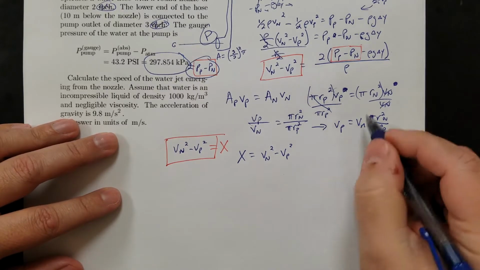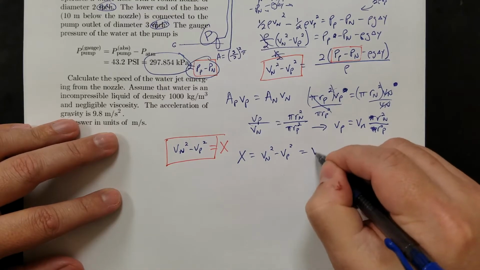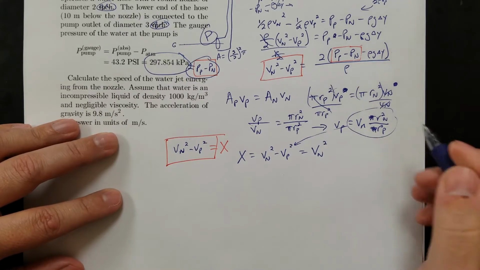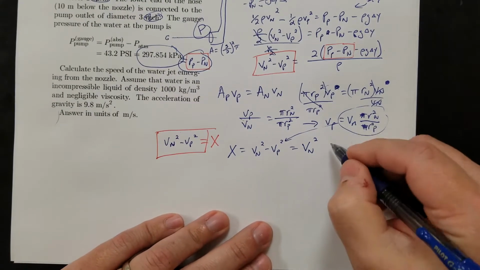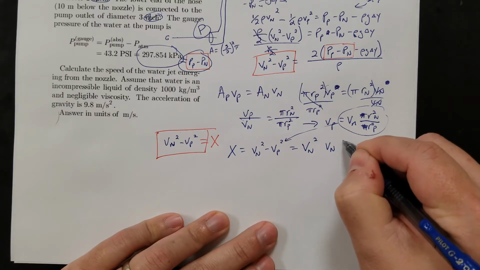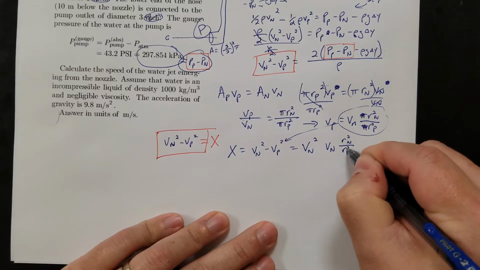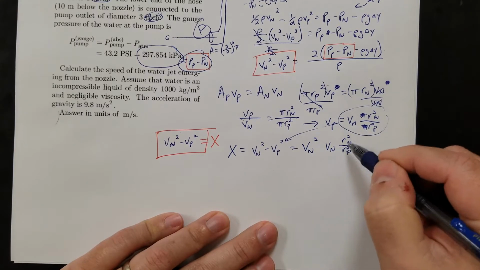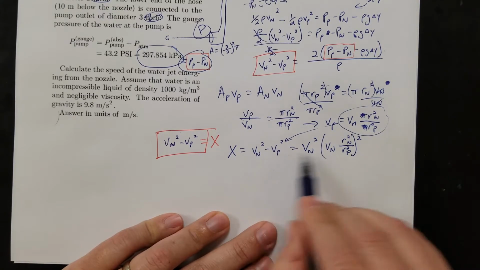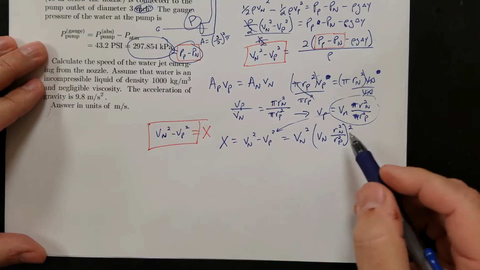And V pipe is this, right? So that's the same thing as V nozzle squared. And I'm going to substitute this in for Vp. So I'm going to call it V nozzle times R squared nozzle over R pipe squared, squared, right? Vp squared. Okay, so let's distribute the square in.